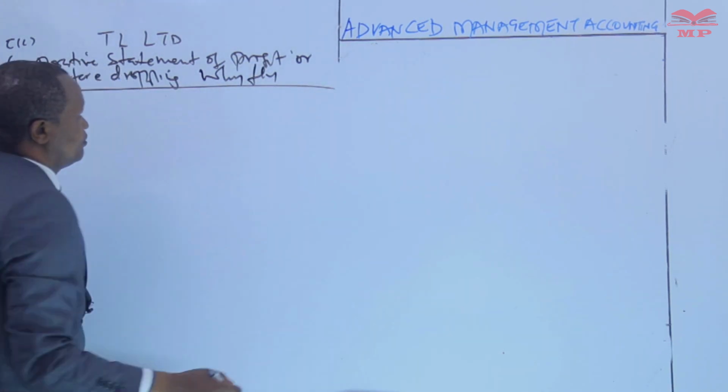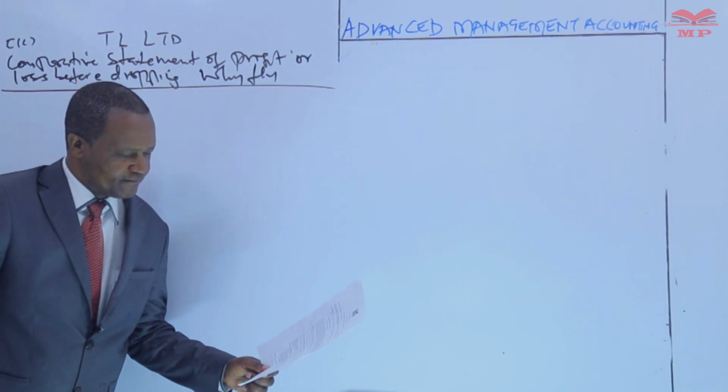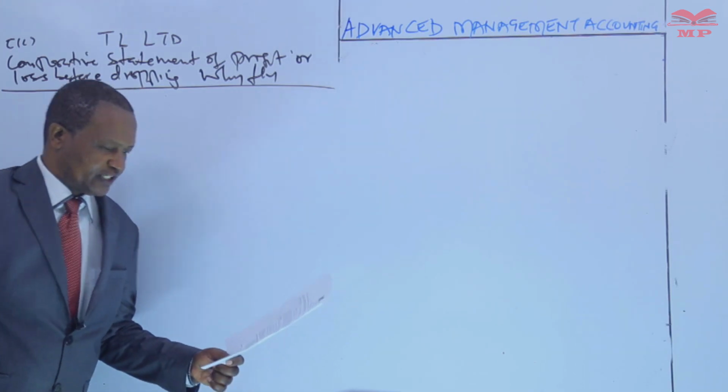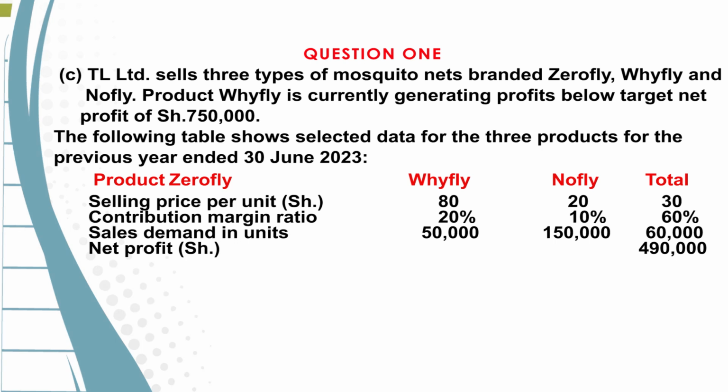So you have to prepare the comparative statement of profit or loss before dropping Y-Fly and after dropping Y-Fly. So before dropping Y-Fly, we have the Zero Fly, the Y-Fly, and the No Fly.